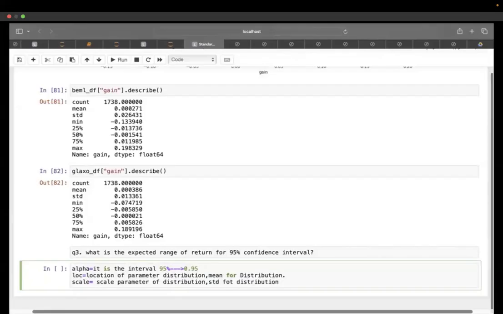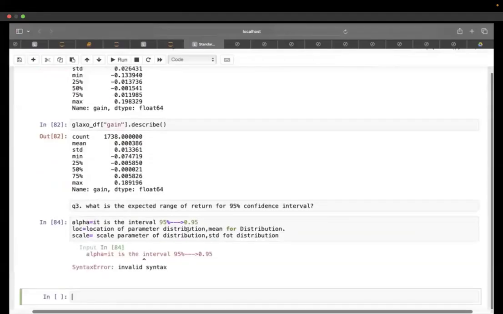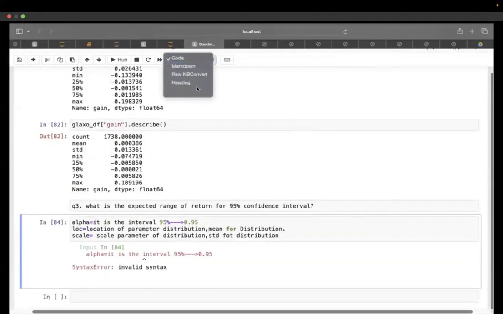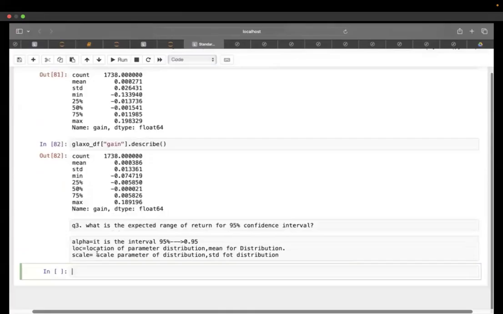So first I'm finding it for the Glaxo dataset. For the BML dataset, you guys are going to find. Just let me check how my Glaxo is looking. Let me convert this into the notebook. Glaxo underscore.